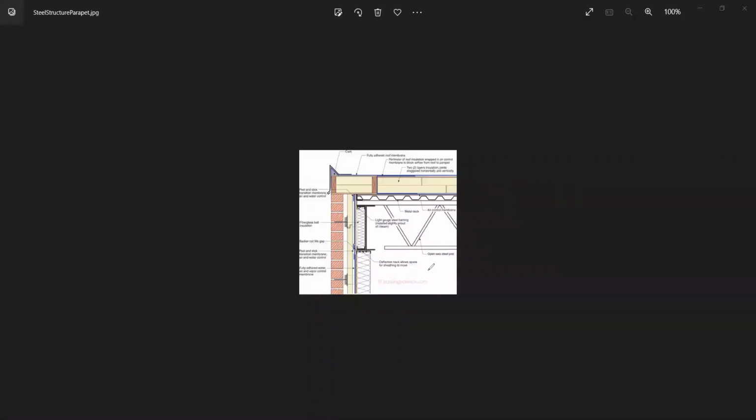This detail is a detail at the top of the wall. And although what you can see here is brick, we may be using another material for our finish, but there's some similarities between our structure and what you see here. This is a beam, a steel beam. This is the joist that's sitting on top of the beam.